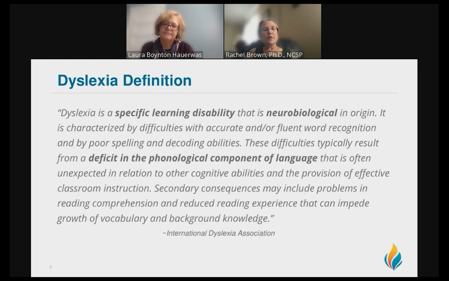And one of the key pieces to understand is that it is primarily a deficit in aspects of phonological encoding. And that's the thing that makes it difficult for individuals with dyslexia to learn to read. They can learn to read, it's simply a matter of what instruction is necessary.